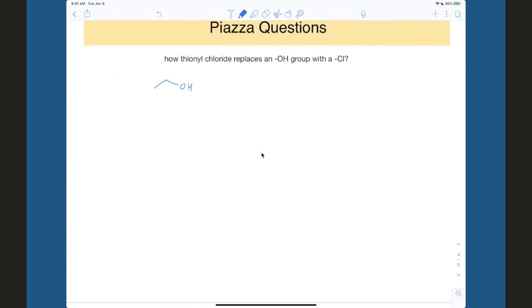And it ends up getting a little bit longer than you want it to because there's these extra steps at the end. The general idea is that thionyl chloride does have a lone pair on the sulfur. So it means it's sp3 hybridized, it's tetrahedral. That means geometrically we can do an SN2 attack on it.